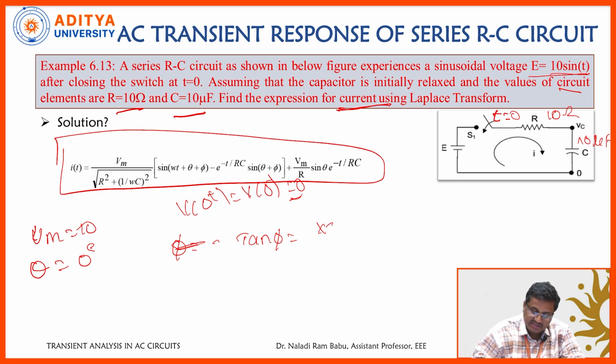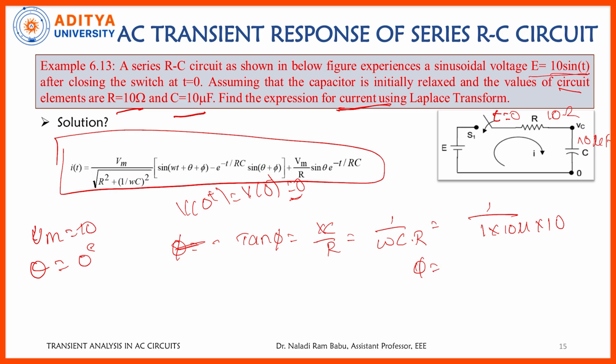Opposite means XC by R. XC means 1 by omega C, into R. Omega is 1, C value is 10 micro, R value is 10. So from this you can get the value of phi. Phi is tan inverse of 1 by 100 micro. And we know the value of omega, omega is 1 from the problem, Vm is 10, R is 10 ohms, and the value of C is 10 microfarad. So substituting all the values, we will be getting the solution in the form of amps.